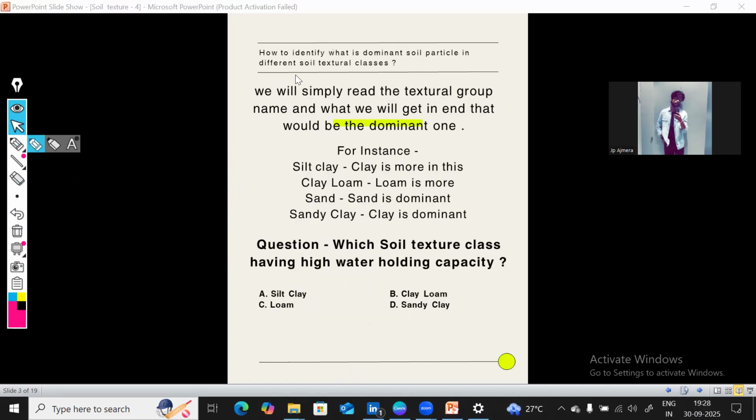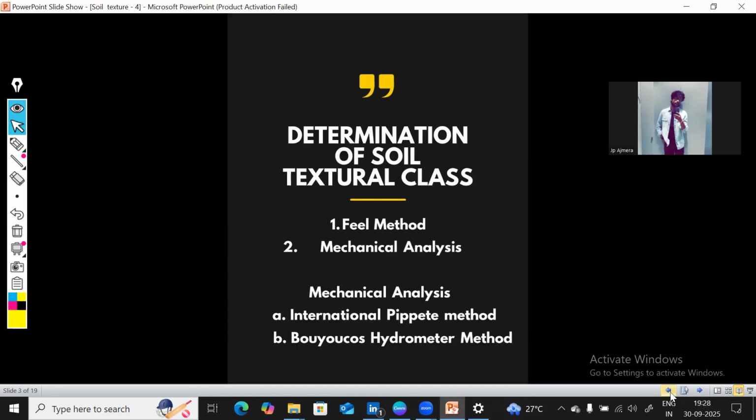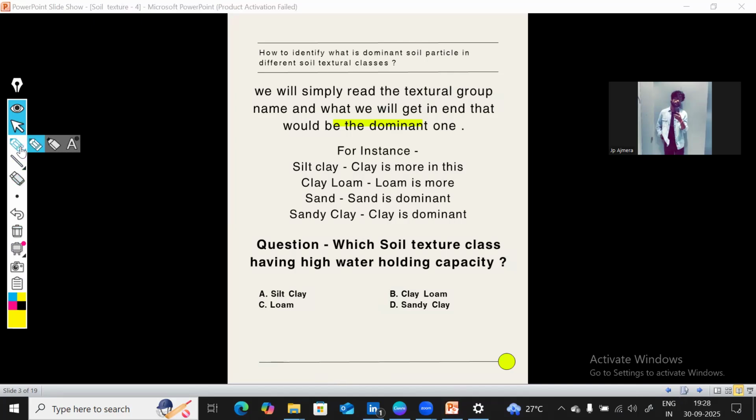Okay. How do we identify the dominant soil particle in different soil texture classes? If you imagine that there are lots of soil texture classes in front of you, like silty clay, clay loam, and so on, how can we identify which is the dominant one in that particular soil texture class?